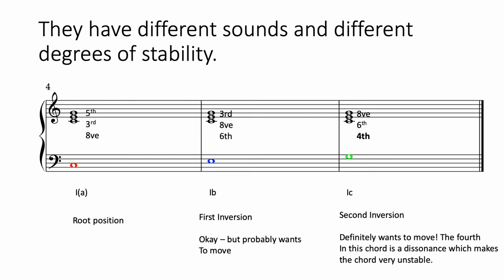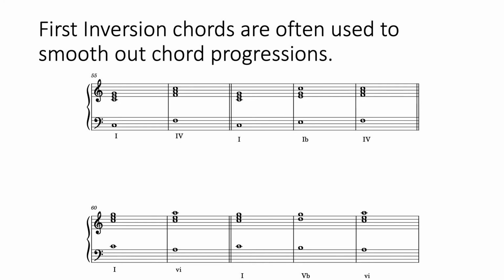I've popped together a separate video on second inversion chords because there's actually quite a lot more to say about them. Because they've got that dissonance in them, we've got to be very careful about how we use second inversion chords. But I'm just going to spend a bit more time on first inversion chords now, because as well as having a kind of a less definite sound, they're often used to smooth out chord progressions as well.